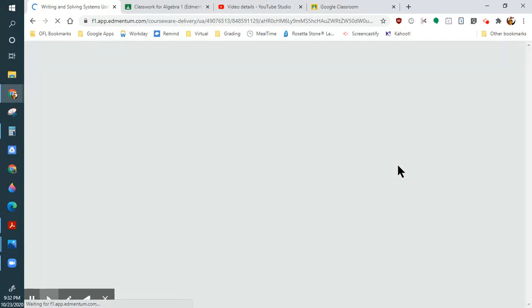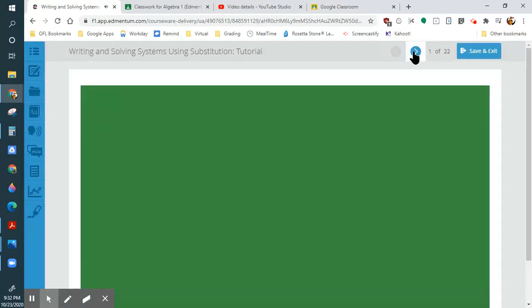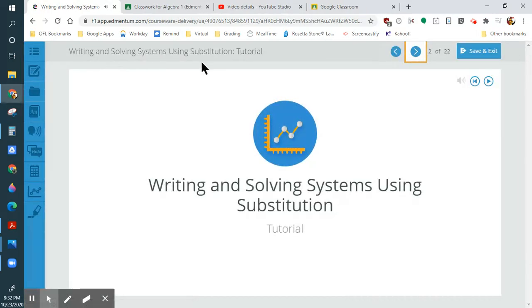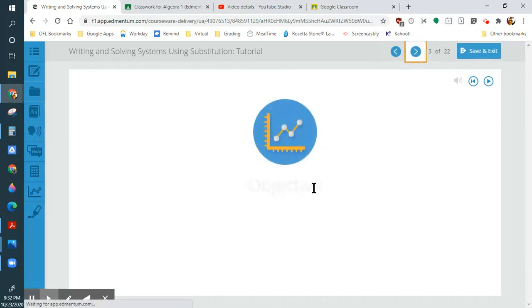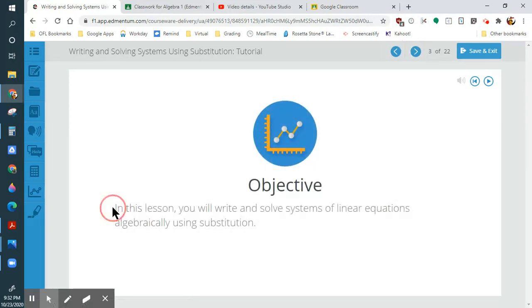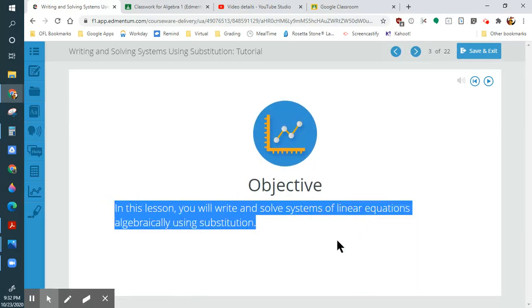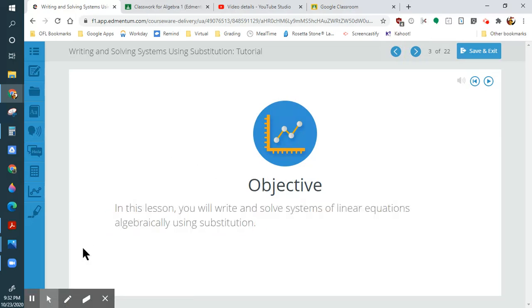So let's get started. So writing and solving systems of equations. Our goal in this one, our objective, is that in this lesson you will write and solve a system of equations using substitution. Substitution is this idea of, if we have variables, let's go back to that P and Q problem.